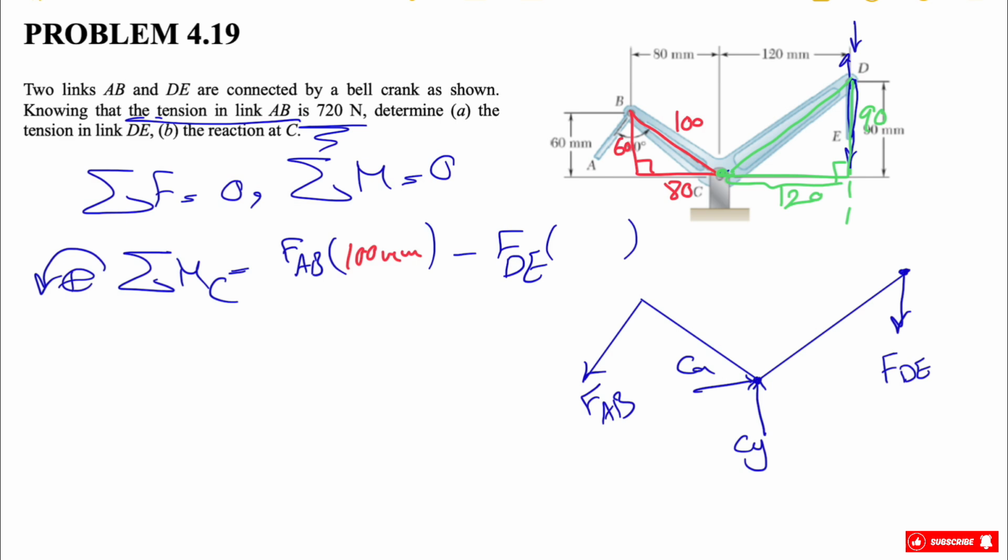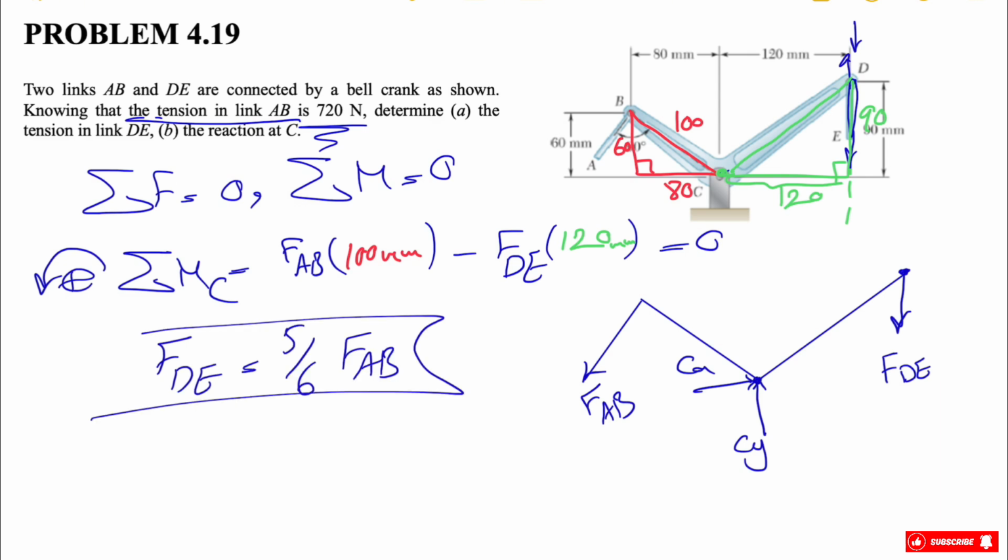We are using the 2D shortcut that we have for the moment. I'm going to put the link in the description if you want to refresh your mind. So this equals 0, and from here we can find the relation between FDE and FAB, and from the question we know that FAB is 720.